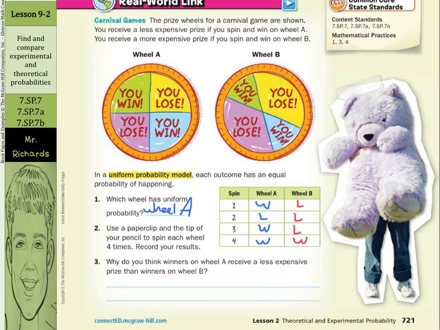So to summarize all of that, we could say something like, there is a better chance of winning on wheel A.